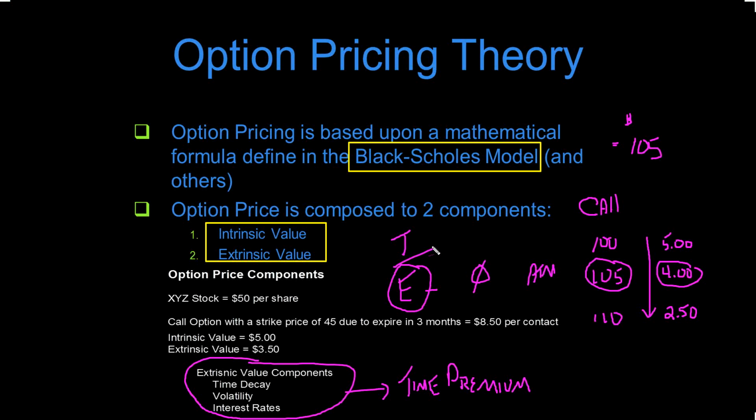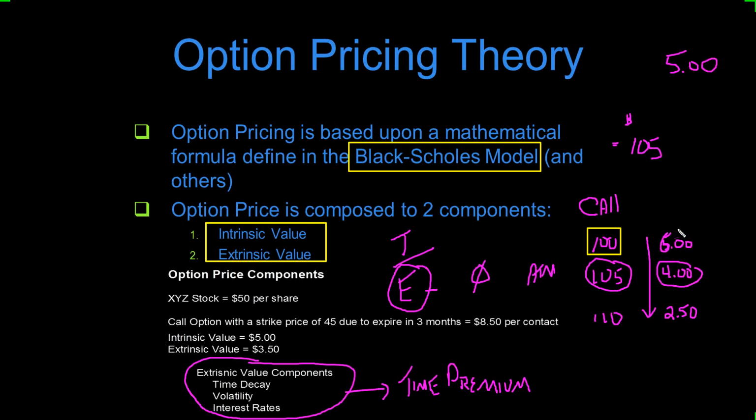The intrinsic value is, if that option were to decay the minute you buy it, how much of it is in the money. So if we say instead of a 105, let's say we buy the 100 strike. If we buy the 100 strike option and the stock's sitting at 105, well then you got $5 that's in the money right here. And let's say that was $6 instead of $5.